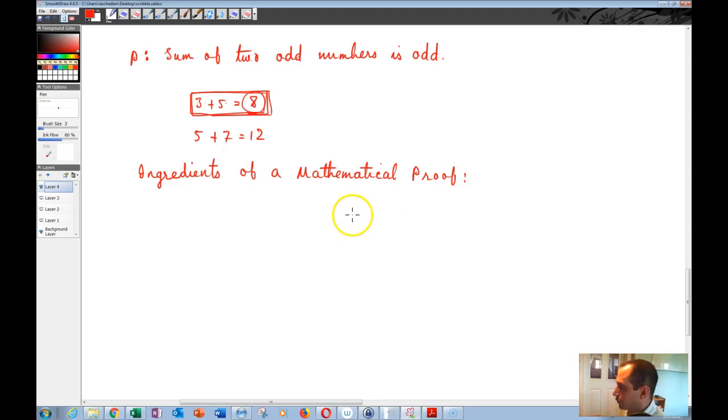First of all, to prove a theorem, you should have a rough idea as to how to proceed. So number one, have a rough idea as to how to proceed.